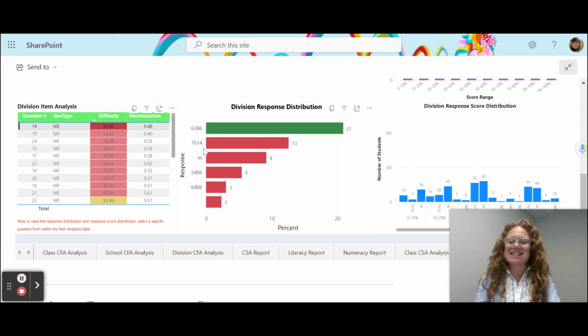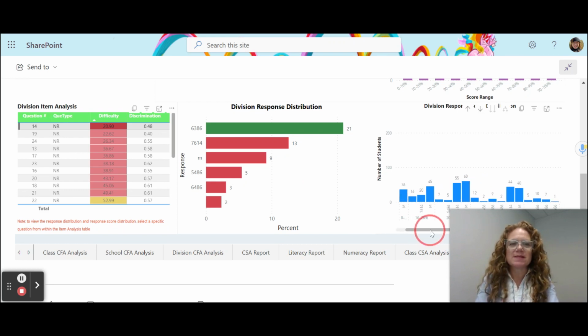I can see that 9% of the division didn't answer this question, and so on and so forth. In the next video, we're going to go deeper into how to get the most information possible from those two charts, those two tables.